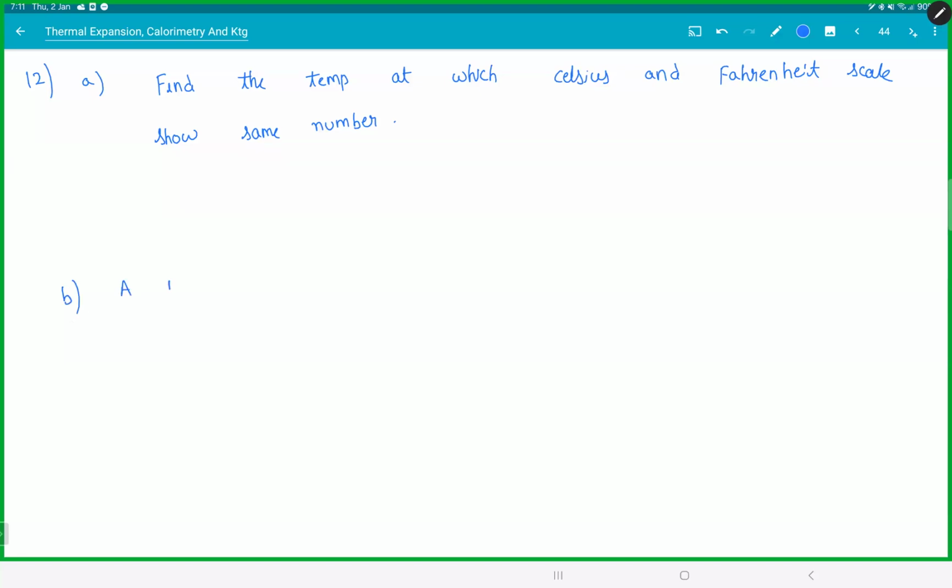Now, someone designed a new scale called M scale. It is defined such that the melting point of ice is 20 degree M, and the boiling point of water is at 70 degree M. So someone, just like the Fahrenheit scale, defined something called M scale.